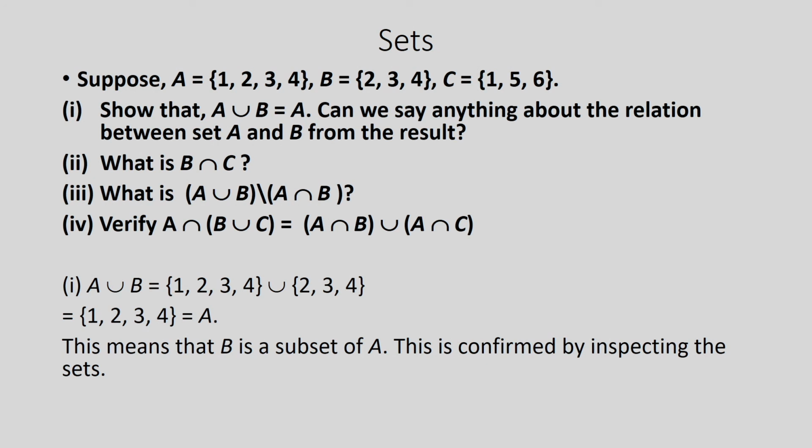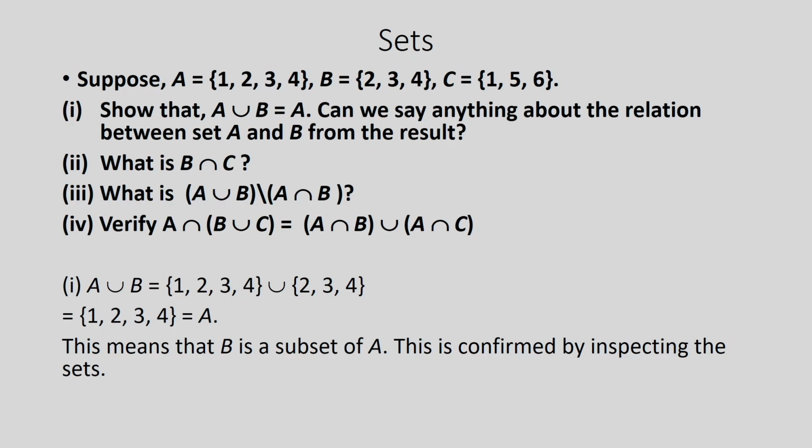First set A has 4 elements 1, 2, 3 and 4, and then we have set B has 3 elements 2, 3 and 4, and then you have the third set C which has 3 elements 1, 5 and 6. Okay, so, these 3 sets are given to us. We have to answer 4 questions.